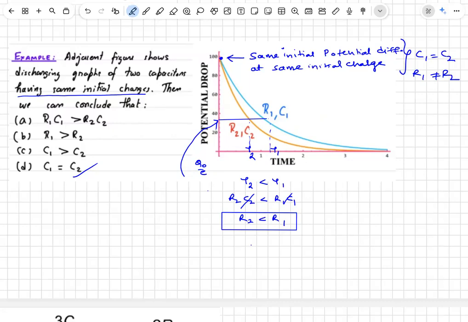Any doubt in this question, please ask me. Now you should understand one point. The higher the RC, the farther from the y-axis. The higher the RC, the more time it will take to come to zero. Any doubts?